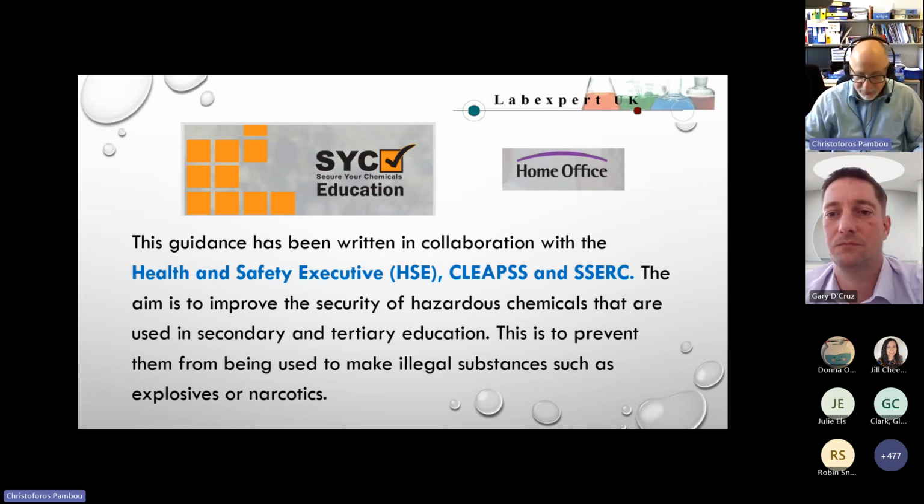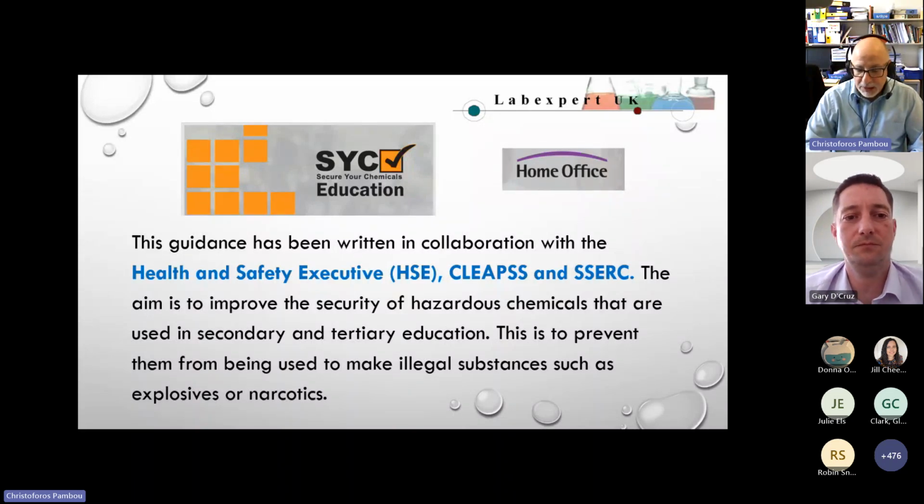The CLEAPSS Hazcard has the information about the particular chemical, or sometimes the particular activities in some of their activity sheets, but it is not the full risk assessment because they don't know the environment that you're working in, for example whether your prep room or lab has a fume cupboard. There are other things we need to consider when writing a risk assessment. So a technician will do a risk assessment for their own activity.